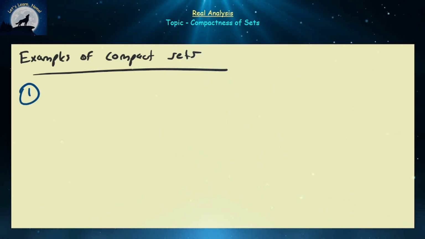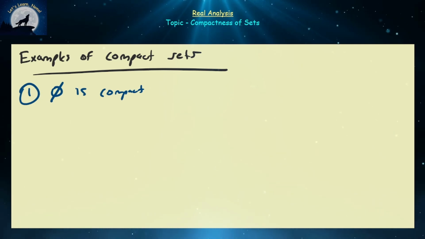So what are some compact sets that you definitely should know? The smallest of the compact sets that you could consider is the empty set. One should be able to show that the empty set is compact. Is the empty set bounded? Trivially so. Is the empty set closed? Yes, we've already shown that.